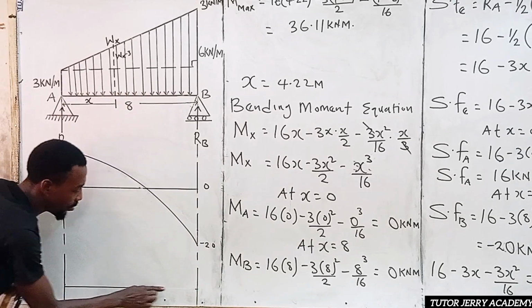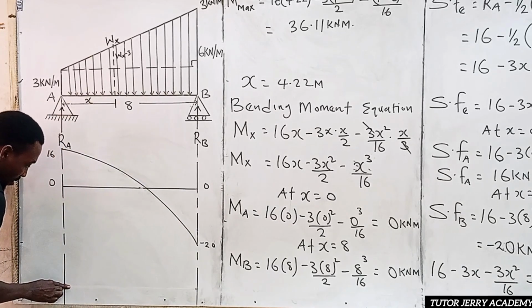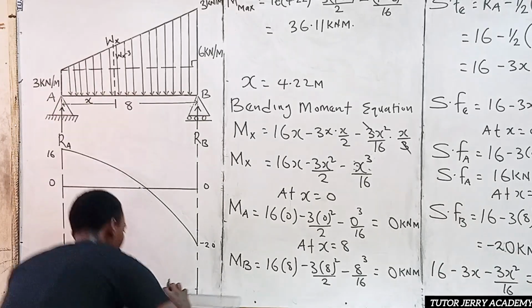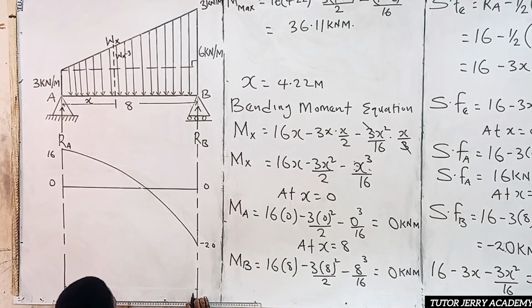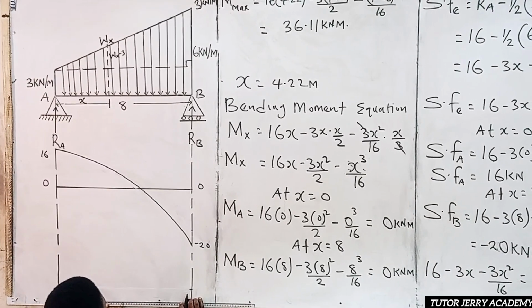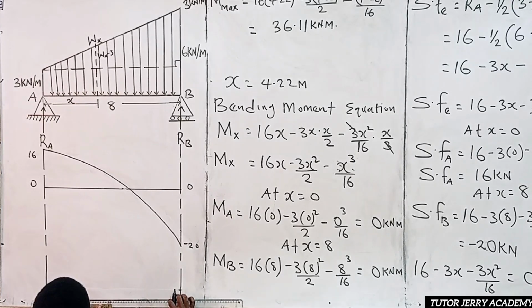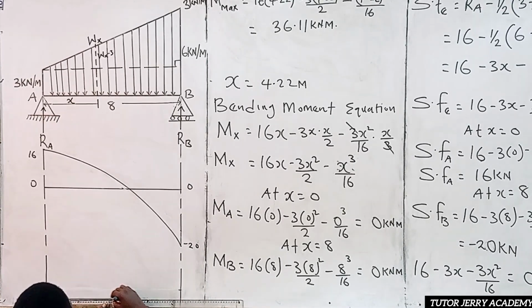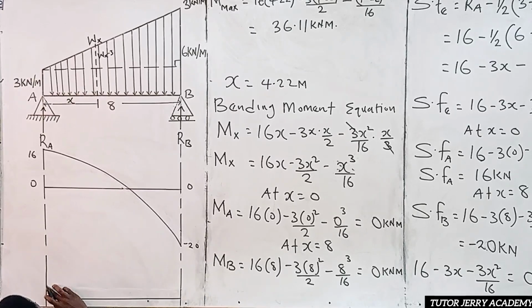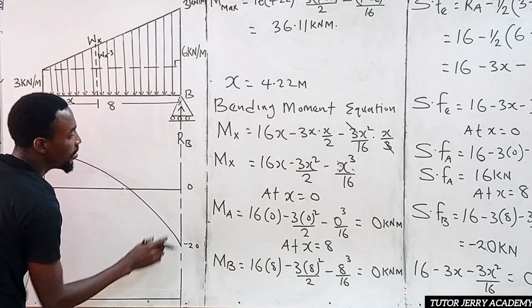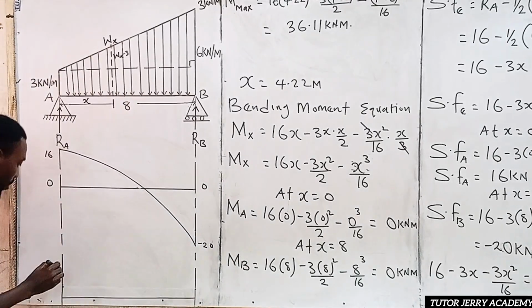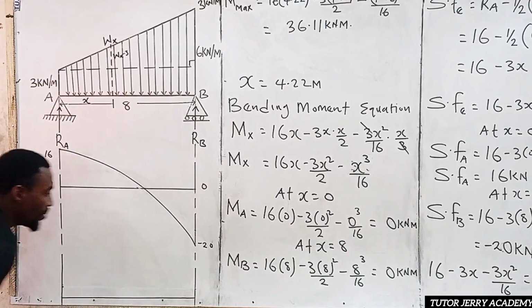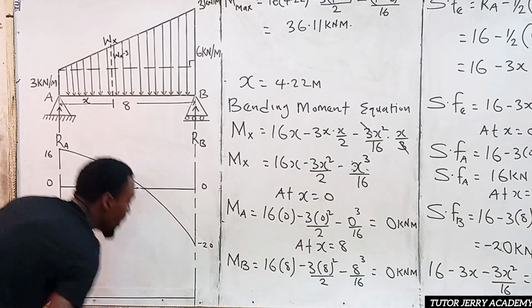All right. So now, for us to draw our bending moment diagram, let's clean this line. Let's take it down a little bit. So we know that the bending moment at point A is 0. So this is 0. And the bending moment at point B is also 0.